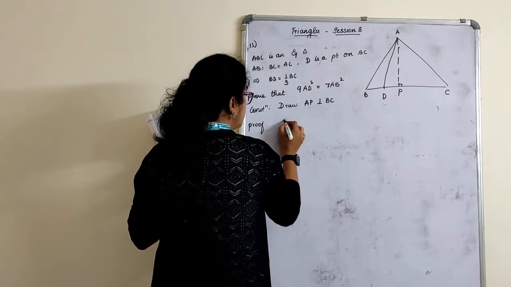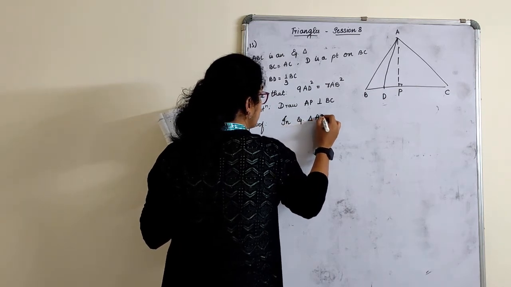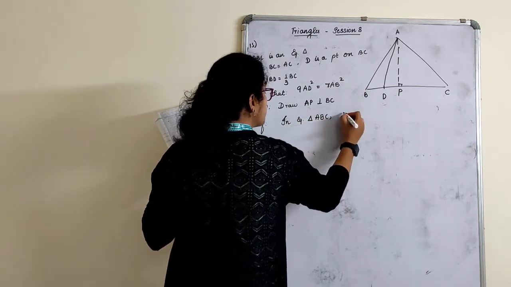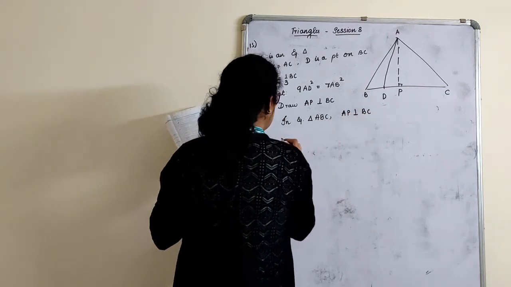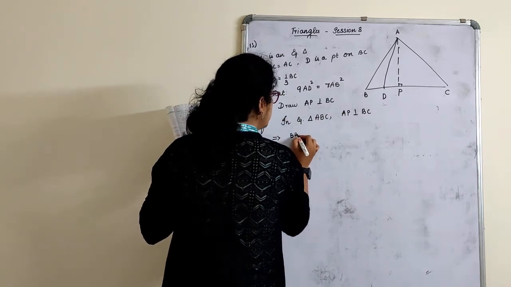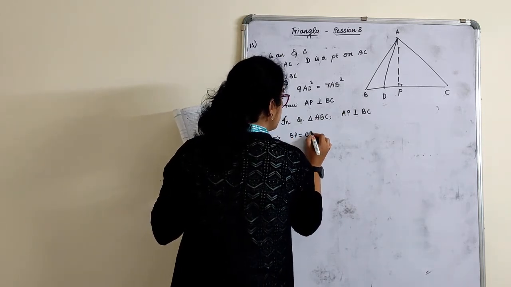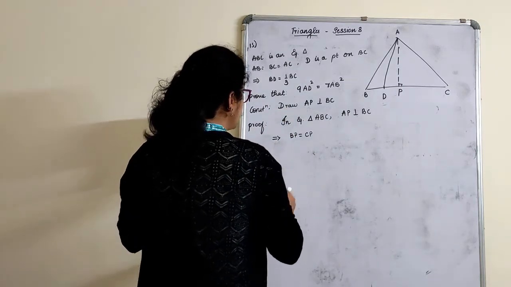In equilateral triangle ABC, AP is perpendicular to BC. This implies BP is equal to CP. These both are equal parts. Okay, this much you keep as it is.